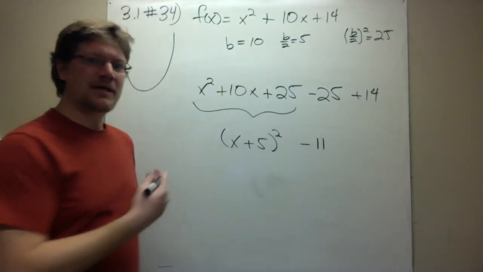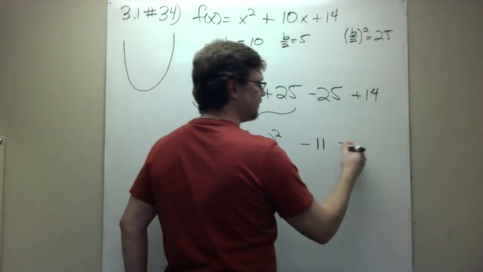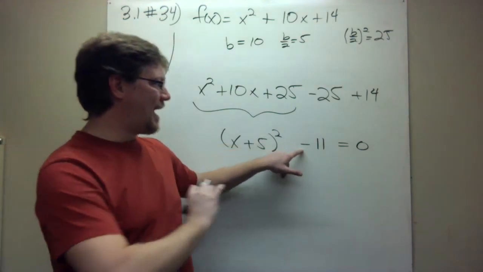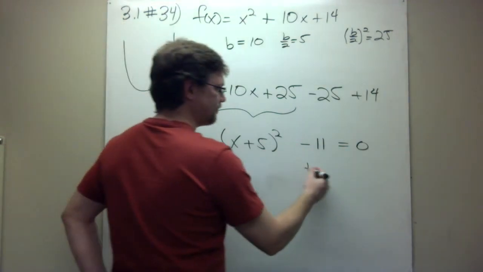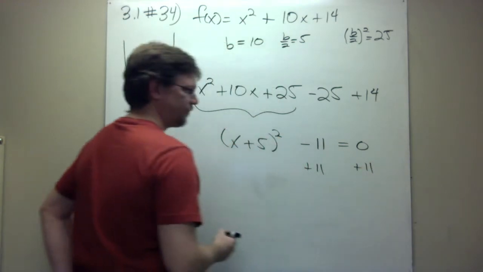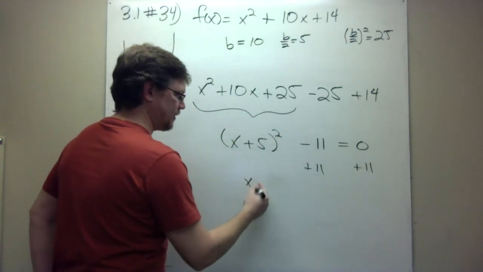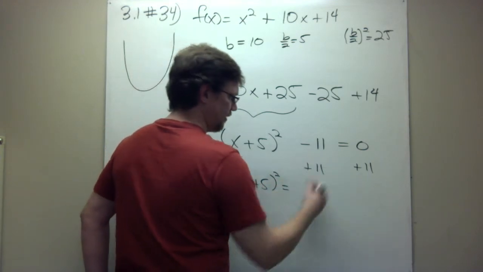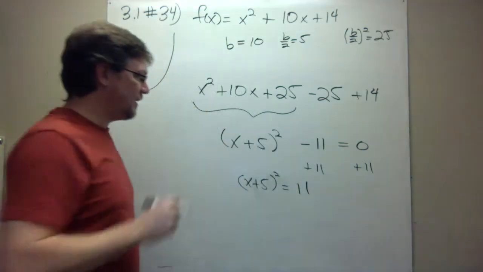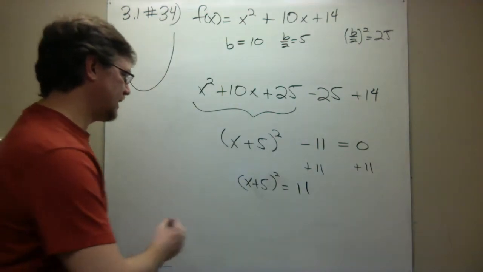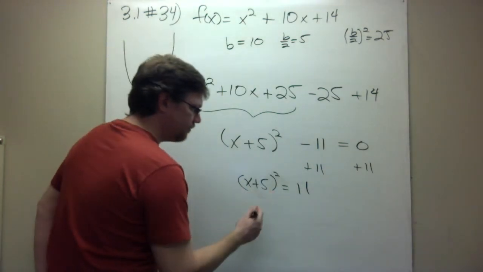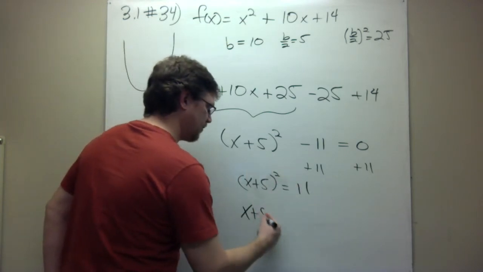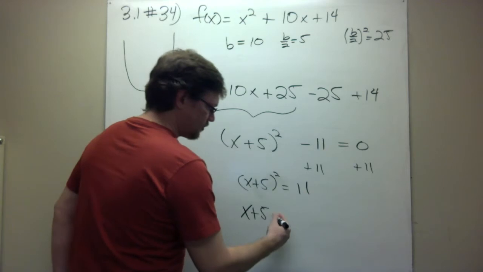So if I'm finding my zeros, I need this thing to be equal to 0, in which case I will add 11 to both sides. It'll cancel over here, leaving us with x plus 5 squared is equal to 11. And then I take a square root of both sides. The square root and the square will cancel, leaving us with x plus 5 equals the square root of 11.